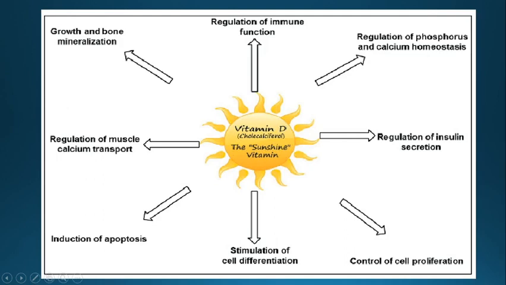And also, vitamin D regulates and controls generating new cells and the specialization of these cells into a certain function. So vitamin D delays aging of the human body.